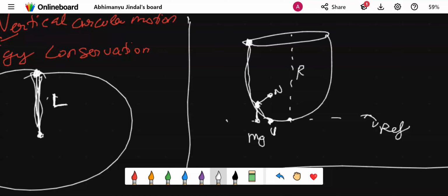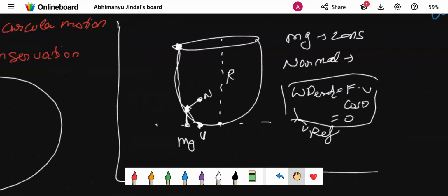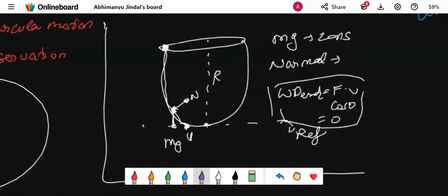Then, first of all, here mg is a conservative force, and normal is an external force. Therefore, work done by external force equals F dot V, which is F V cos theta, which is 0. I hope you guys got this work, power, energy right. We studied that work done by external force is F V cos theta, which is 0 here because velocity and normal force are perpendicular.